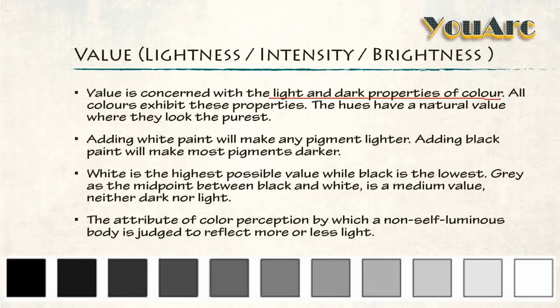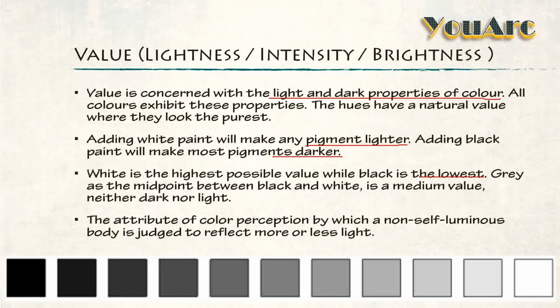When adding white paint, the pigment becomes lighter and holds a higher value. When adding black paint, the pigment becomes darker. White is the highest possible value, while black is the lowest.